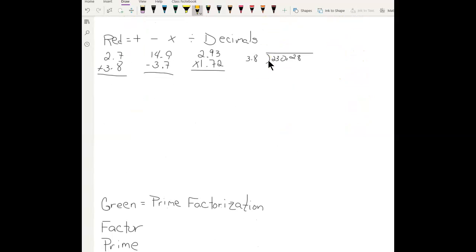All right. We also looked at adding, subtracting, multiplying, and dividing decimals. So this should be too easy. So, remember, when we're adding and subtracting, we want to line up the decimals.